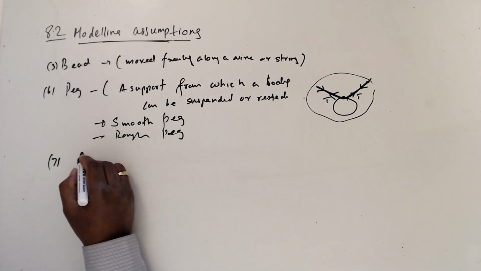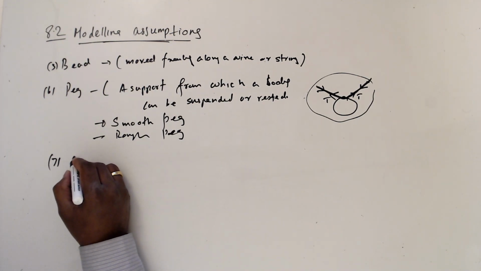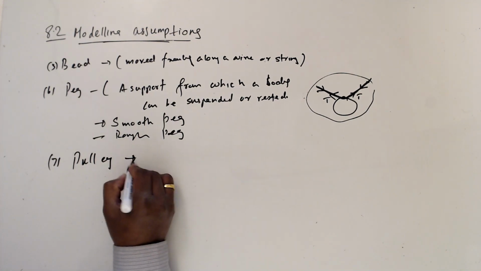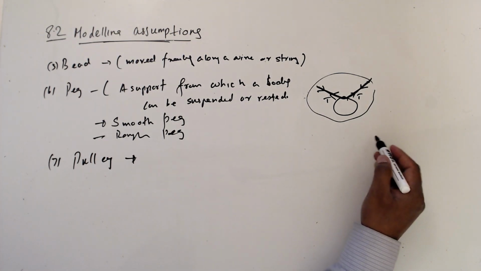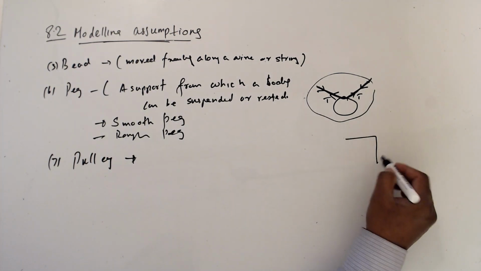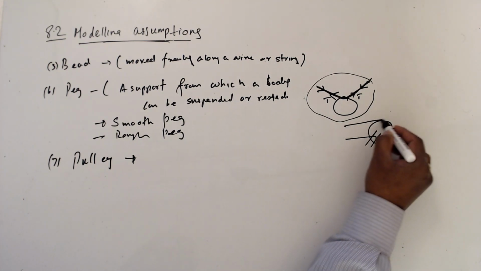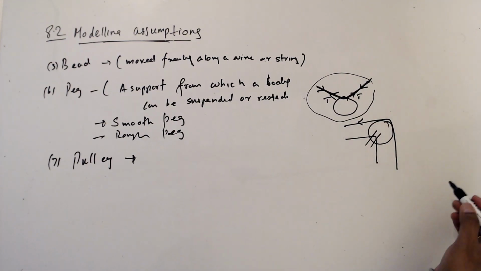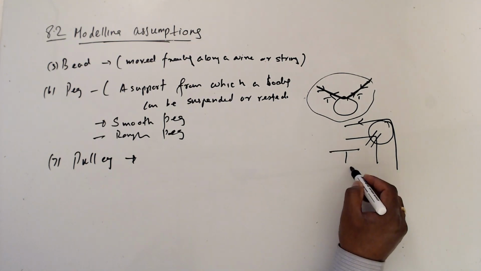The other one is pulleys. We only consider pulleys here. You may sometimes see a fixing on a table like this, or sometimes we can use a pulley.